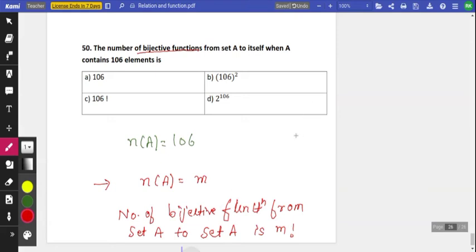This question is similar to question number 30. So the correct answer is option C.